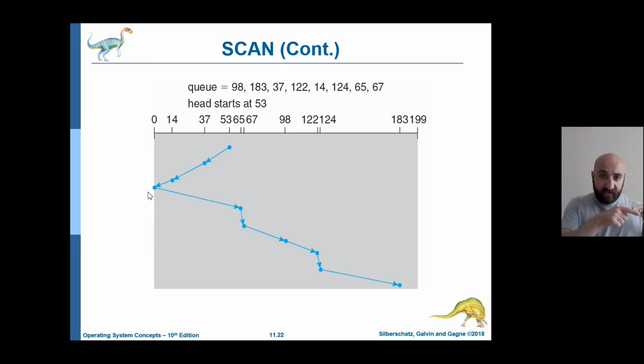After that, we are going to change direction and move from 0 to 199. So based on that, we make a scan of our disk. And again, you can find the total number of head movements by summing every movement between those locations.